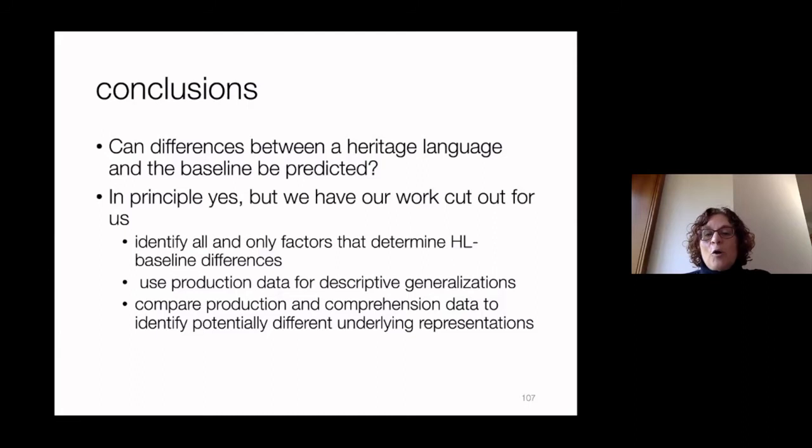So I go back to the question that I think is extremely important at this current stage of our understanding of these grammars, and that is whether or not we can predict the differences between a heritage language and the baseline. And the answer is in principle, yes, but we still have to do a lot of work because we need to identify all and only factors that determine the differences between heritage languages and the baseline.